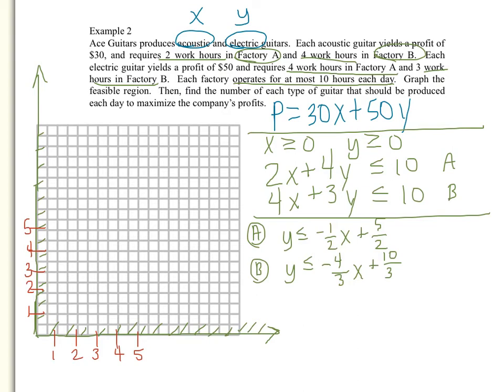Okay, so we've got our equations and we have our y-intercepts, 5/2. I've changed my scale over here so that 2 boxes is 1 unit. So as I'm going up, I see 2.5 is right over here.